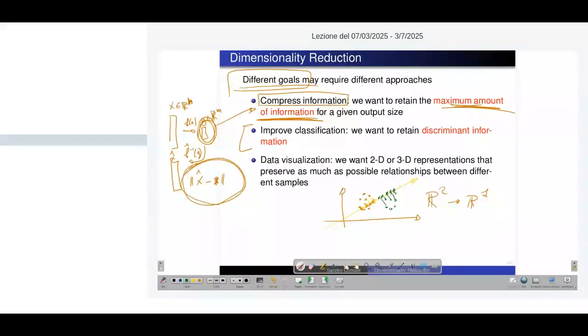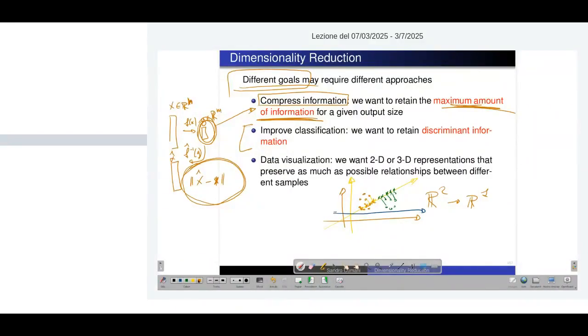Then the coordinate of each point is a number, a value that lives in a one-dimensional space and represents a reduced version of the original data. Now, if my goal is to improve classification, then I can imagine that choosing a direction like this will not be as good as choosing a direction like this.